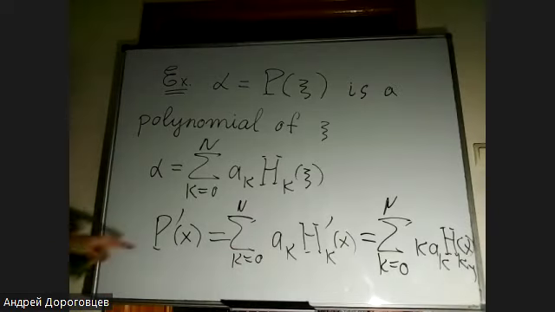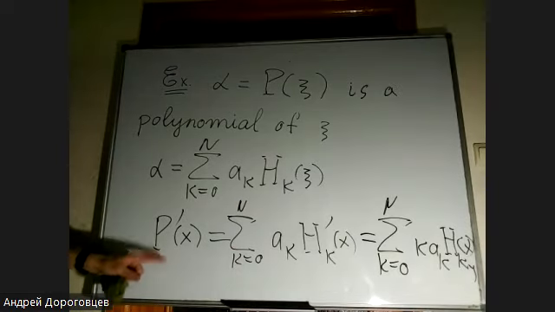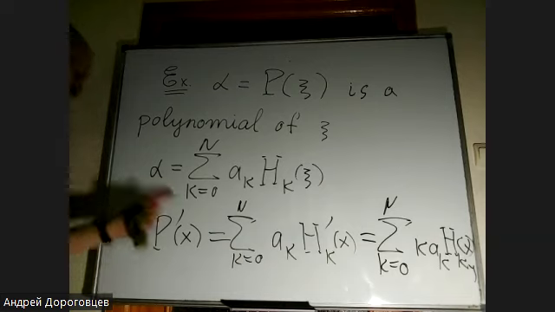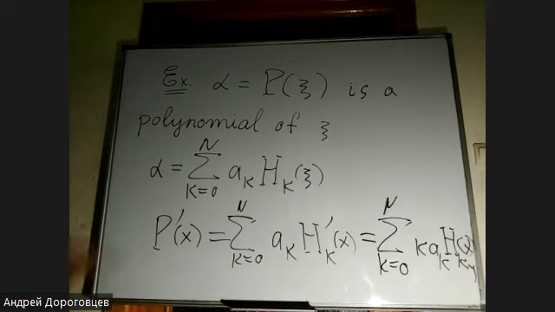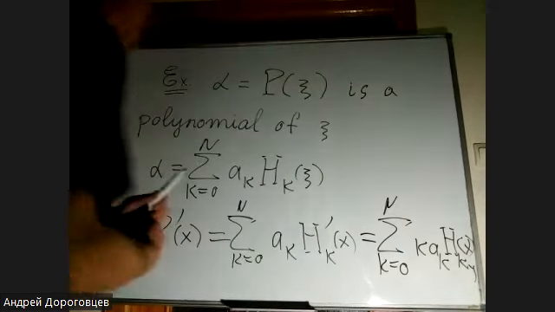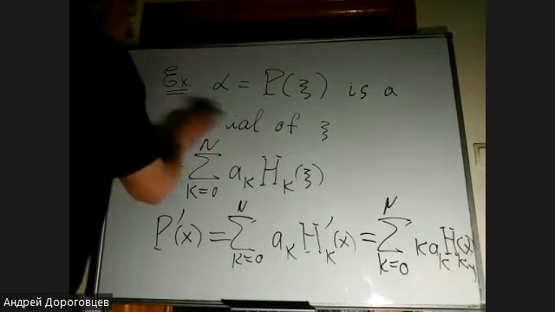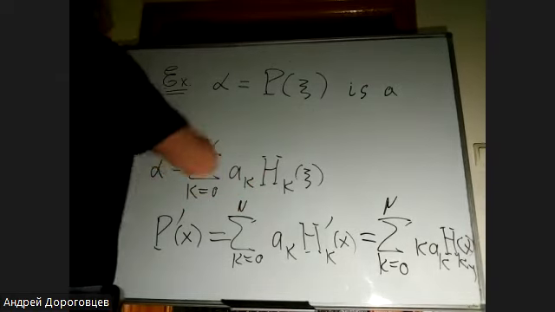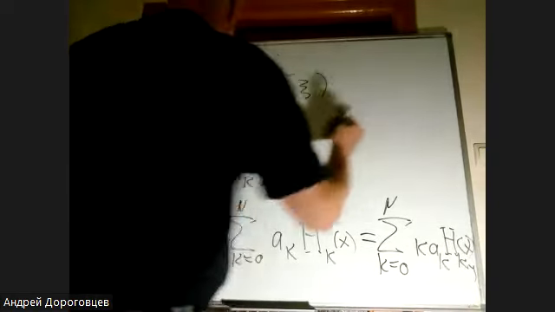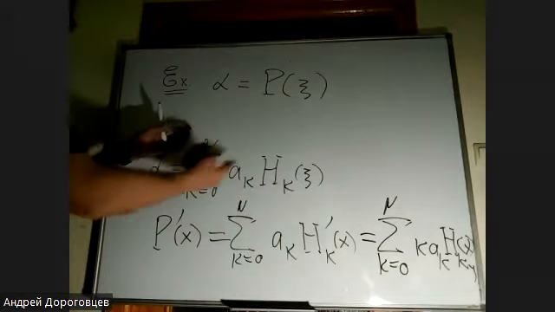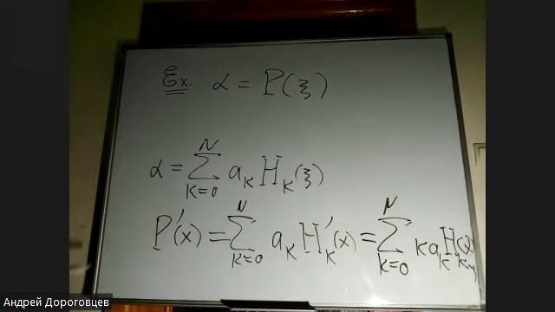So usually the derivative of this polynomial, which represents our function alpha, is written there. And one can see that now, of course, alpha has a stochastic derivative because this is not a series but a finite sum.